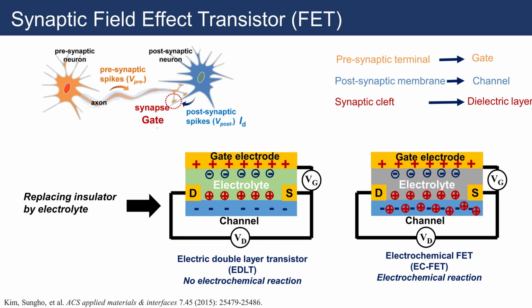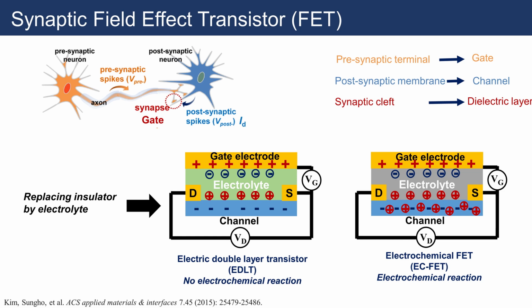On the left side, in the electric double layer, it's mainly the movement of the ions, but no reactions. On the right side, there are movements of the ions going up and down, and in addition to that, there are also reactions.